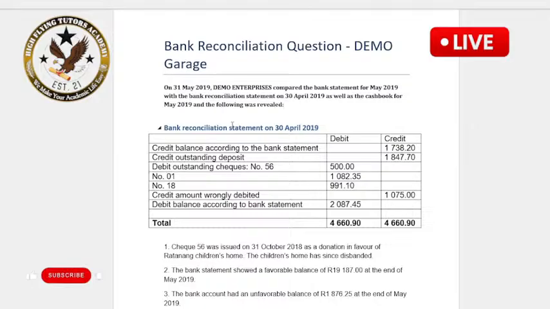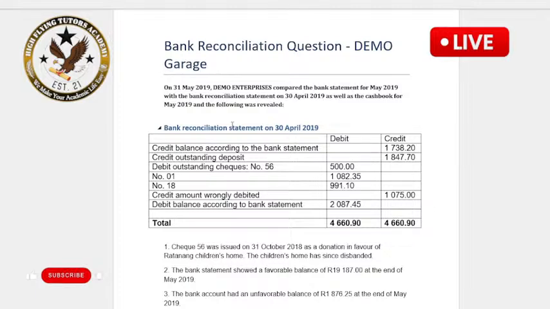It says on the 31st of May 2019, Demo Enterprises compared the bank statement for May 2019 with the bank reconciliation statement on the 30th of April 2019, as well as the cash book for May 2019, and the following was revealed. Bank reconciliation statement on the 30th of April 2019.